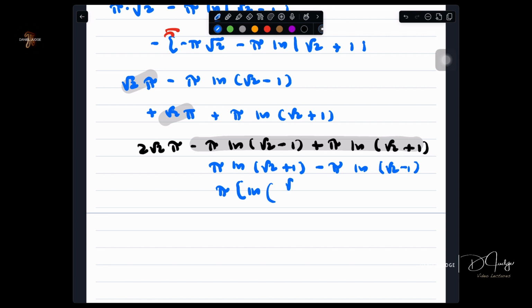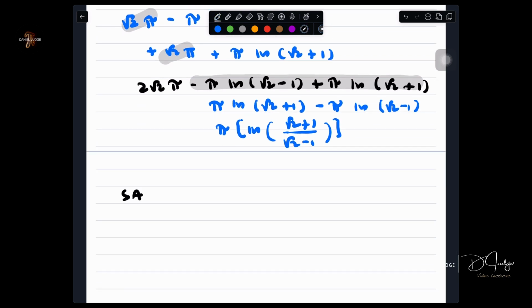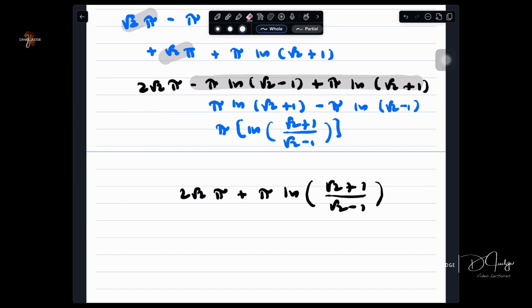And you're going to see probably an answer that looks like this here for this portion. So the surface area will be 2 square root of 2 pi plus pi natural log of square root of 2 plus 1 over square root of 2 minus 1. And we'll just leave it as, you guys know this is surface area. And I guess we'll write it as a block there.